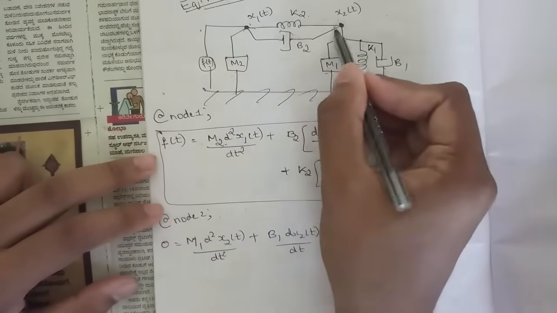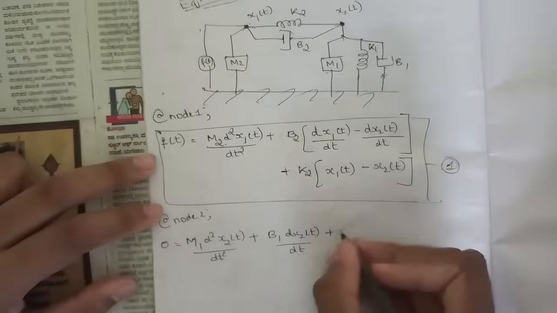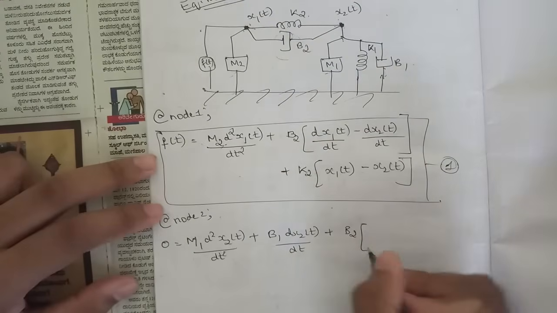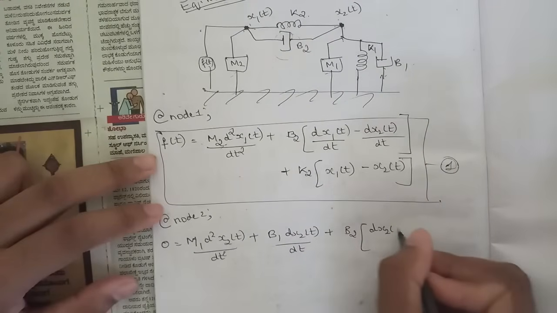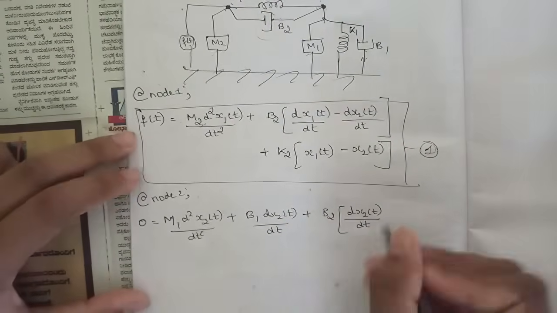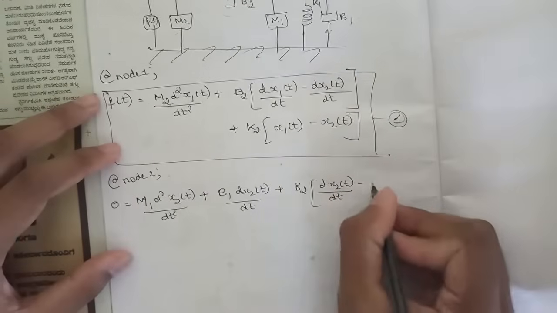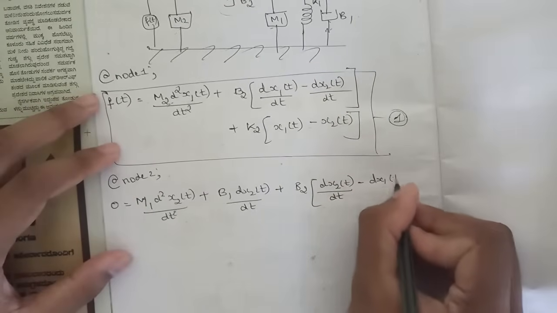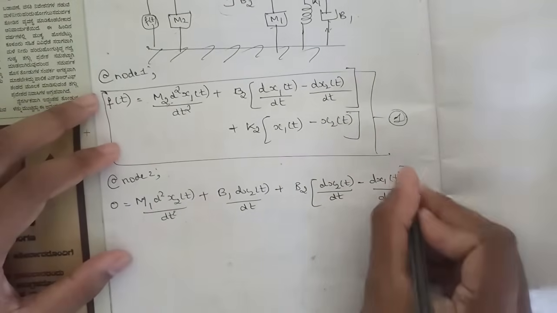B2 is also attached to this node, but it is between x2 and x1, so we write b2 into d x2 of t by dt, the displacement we are considering first, minus the other displacement, d x1 of t by dt.